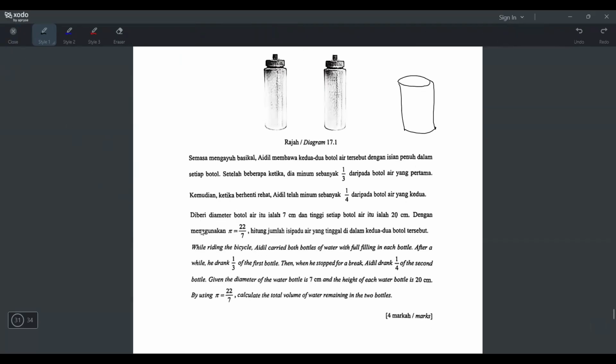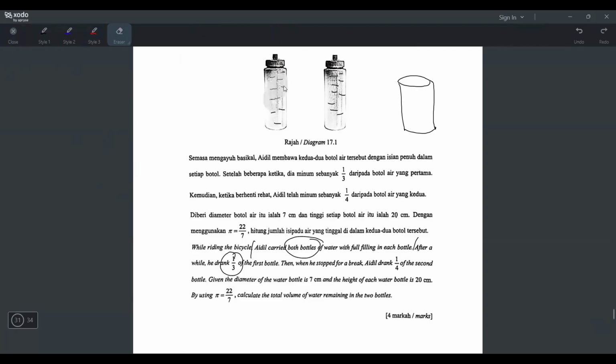Okay, let's see. Let's read here. While riding the bicycle, Ideal carried both bottles with water filled full in each bottle. So both cylinders are filled with water, and it's full. After a while, he drank 1/3 of the first bottle.